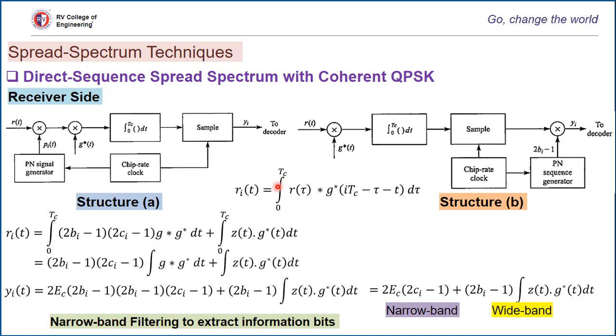Both conceptually and mathematically we dealt in particular with the coherent QPSK signal. However, we can extend this to any M-ary modulated signals that we know in general. Thank you.